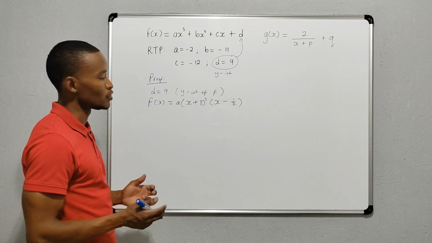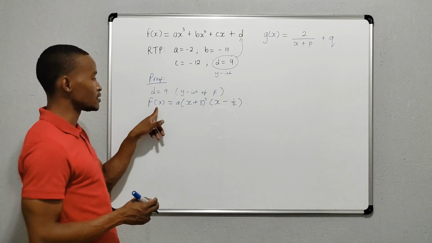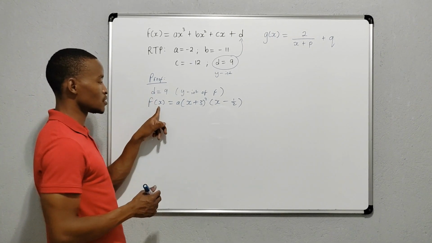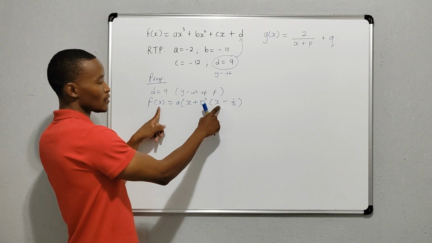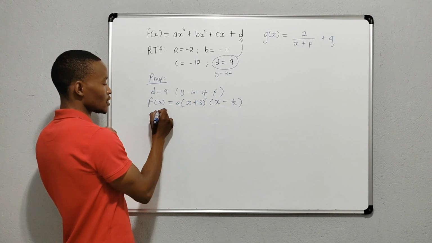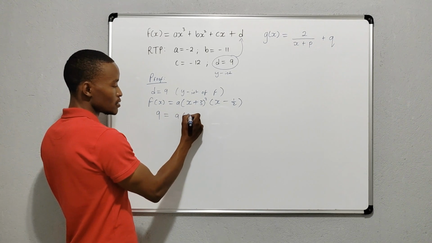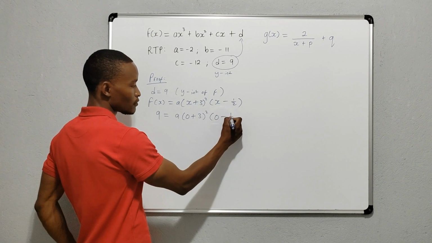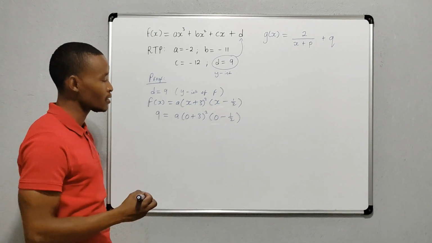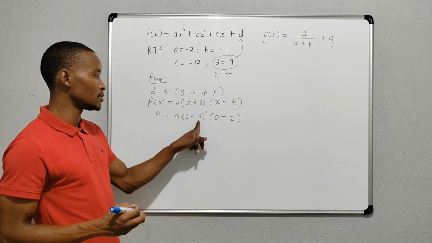So the format of the function f is like this. Now, what do we need to solve for in this case? We have a y coordinate from the y-intercept that we can substitute here, 0 for your x coordinate coming from the y-intercept. So let us do it, because doing so will allow us to solve for a: 9 equals a times (0 plus 3) all squared, times (0 minus half). Okay, so what's going to happen here? We're going to have a 9, right?